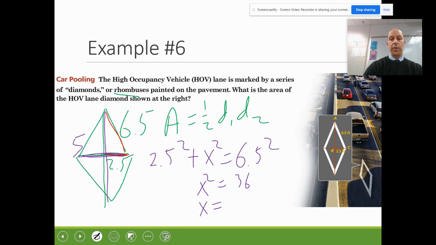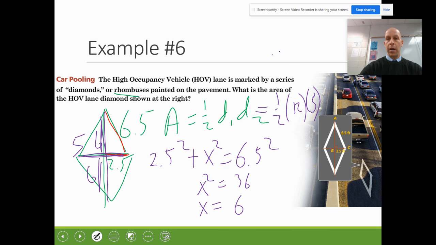So x has to be 6. So if this is 6, then this diagonal total has to be 12. So we're going to do 1/2 times 12 times 5. And so that's going to give us a total area of 30. What are the units here? Feet.